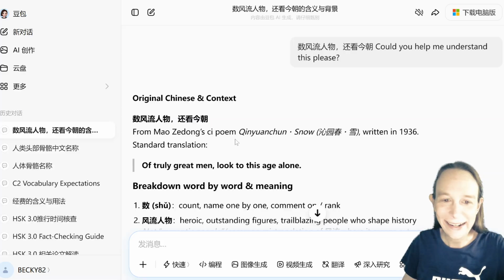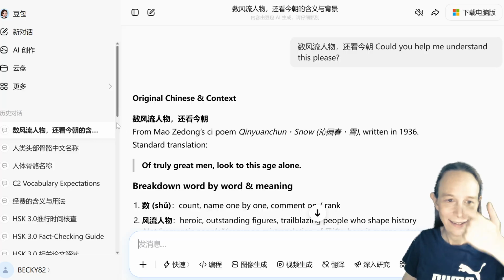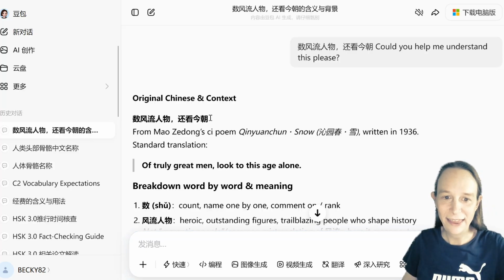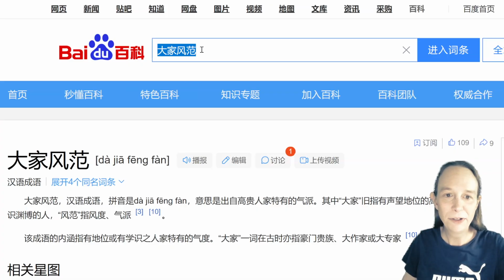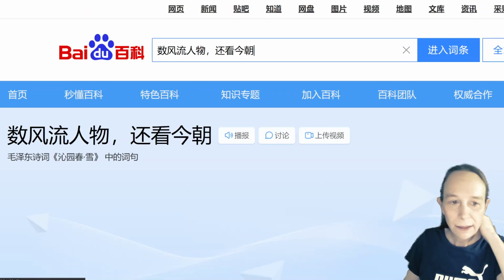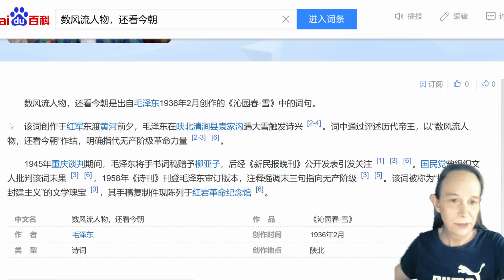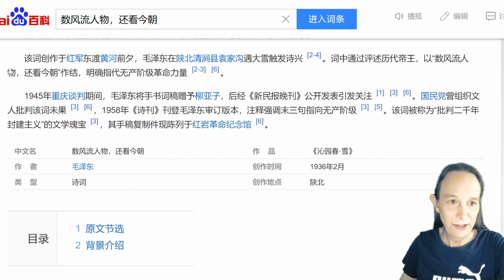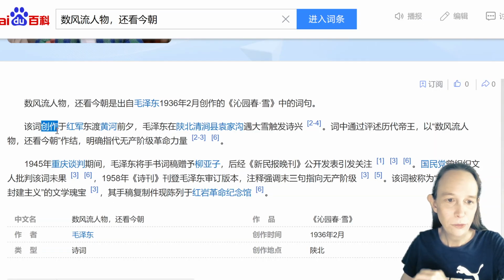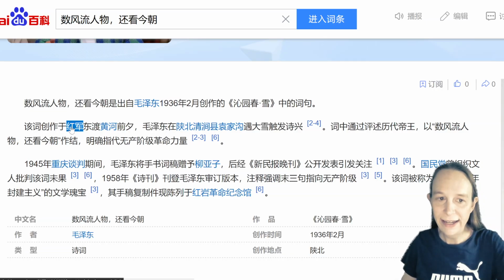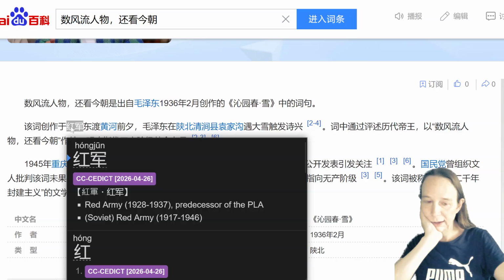Let's look at 1936. Yeah, I need to search this line of poetry. All right. Okay, 说这毛泽东的 this origin. 该词创作于红军 the Red Army. Oh, okay.